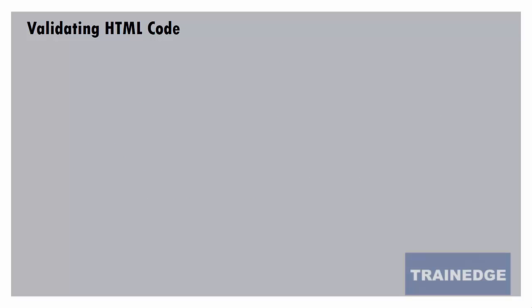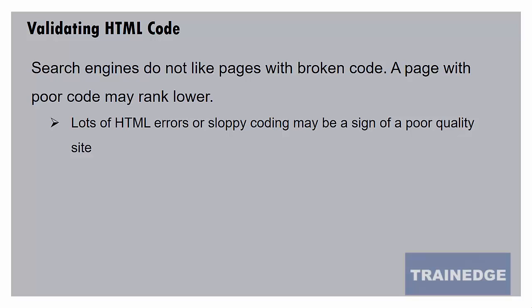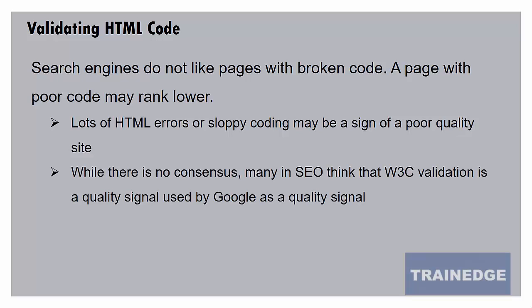One thing that Google does not like is malformed HTML code on a page. If the HTML code on the page is bad, it will rank lower. Because search engines look at bad code or sloppy coding as a sign of poor quality. If the code is bad, content may also be bad. So one bad thing signals another bad thing, and that leads to lower ranking.